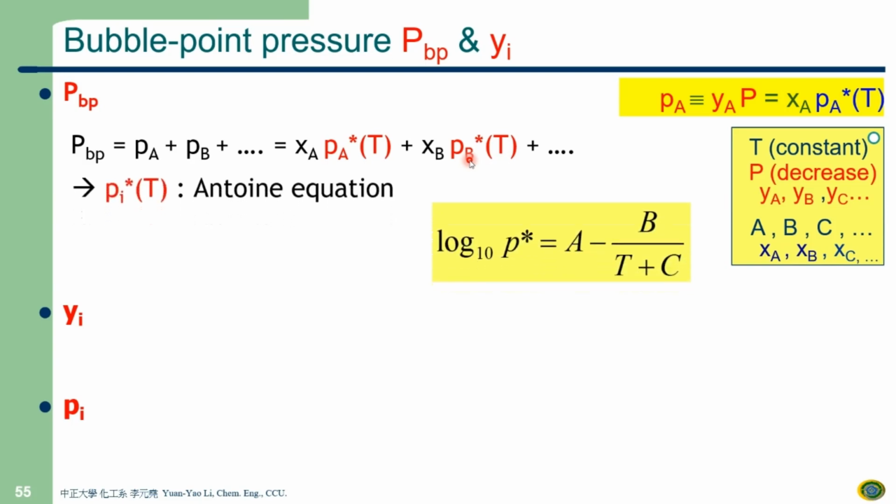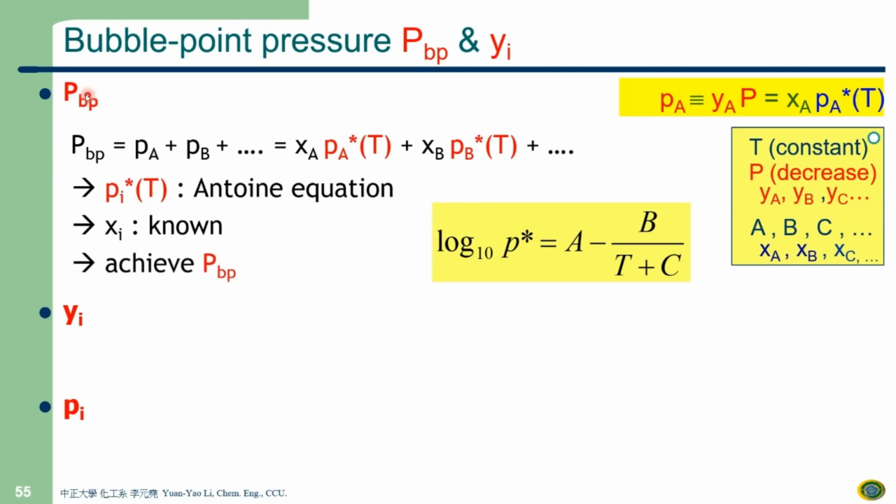According to Antoine's equation. Antoine's equation tells us that as long as you know the temperature, you put it here, and you get A, B, C, and you get the vapor pressure of A species. Okay, so this is very straightforward to get the bubble point pressure. Okay, and then you can achieve the bubble point pressure.